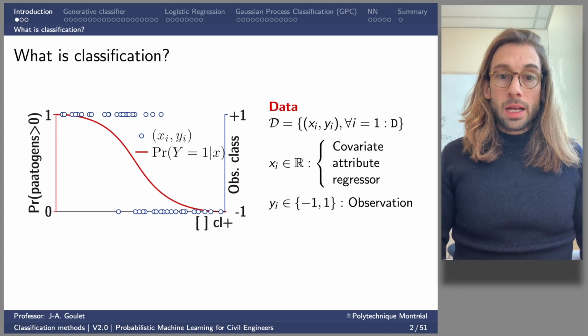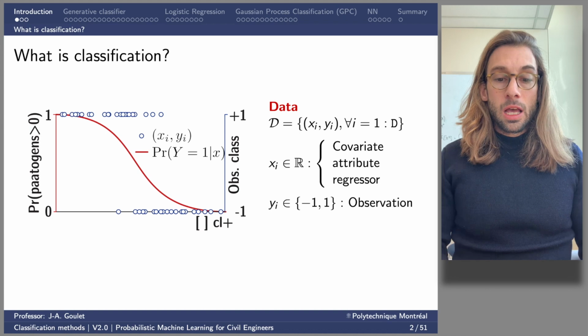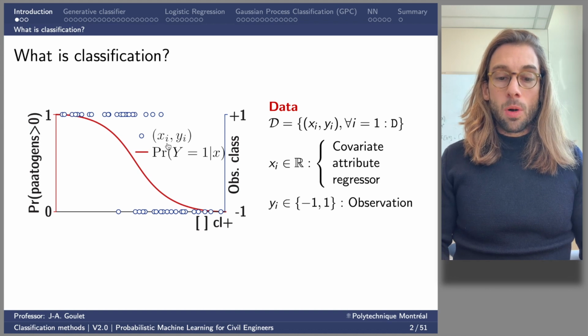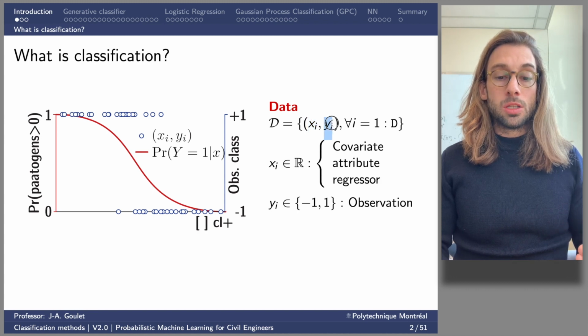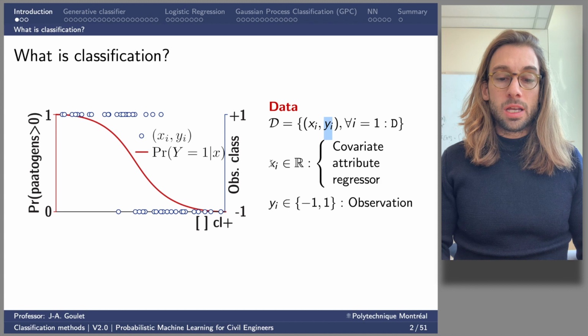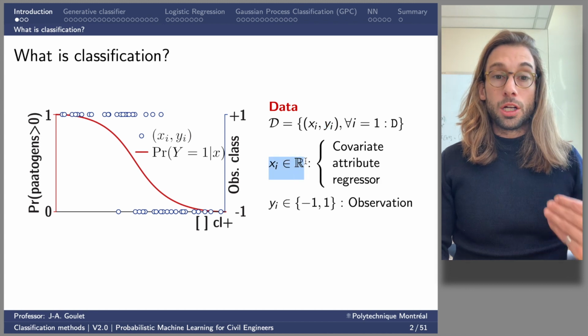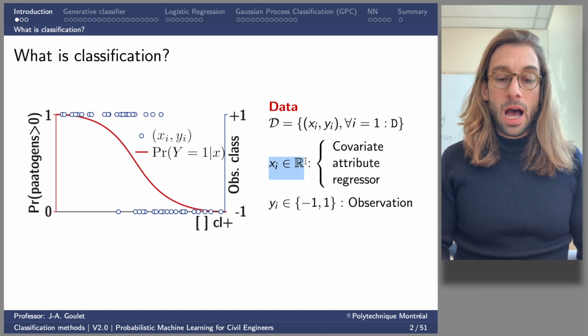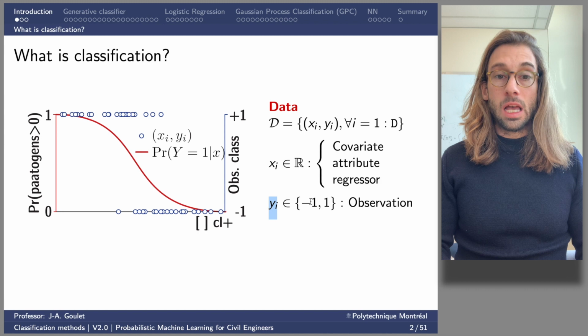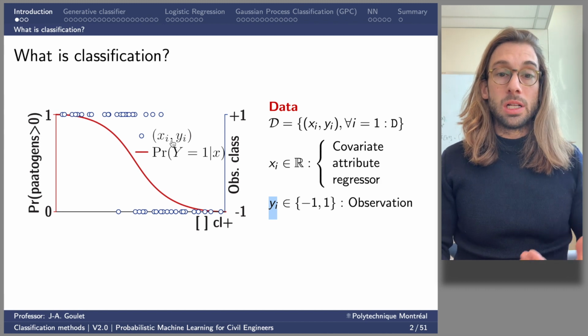So in that context, my data set D consists of tuples of a continuous covariate Xi and an observed system response Yi, where Xi, my covariate, is as before a continuous quantity, and Yi, my observation, is going to be a discrete class, either -1 or +1 in this example, if we're looking at binary classification.